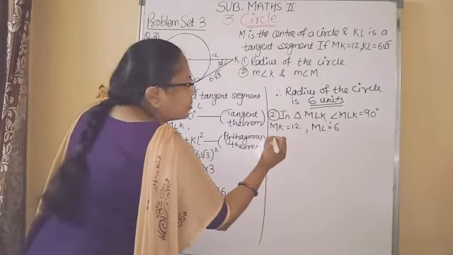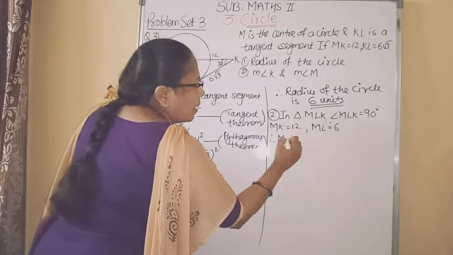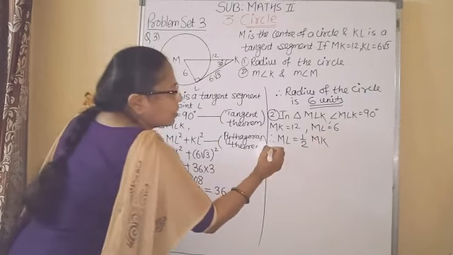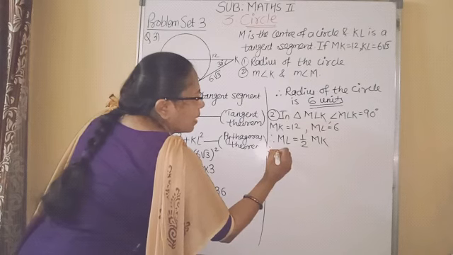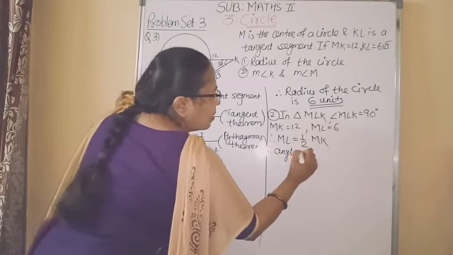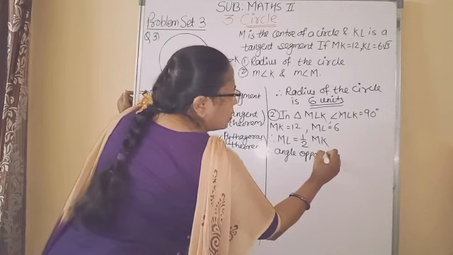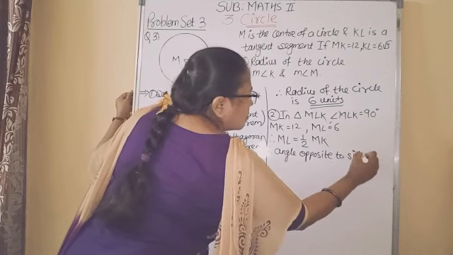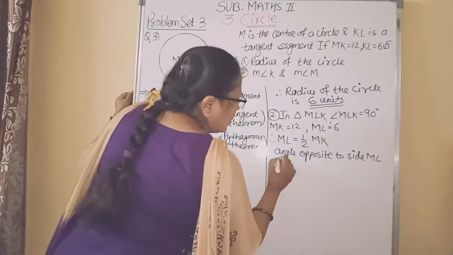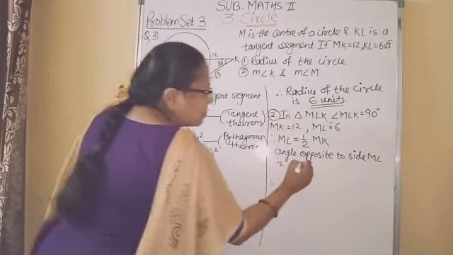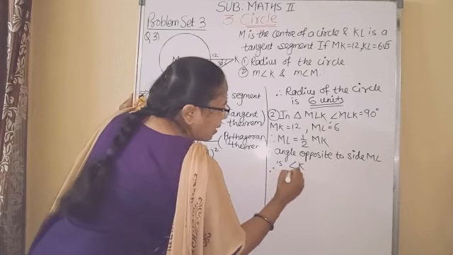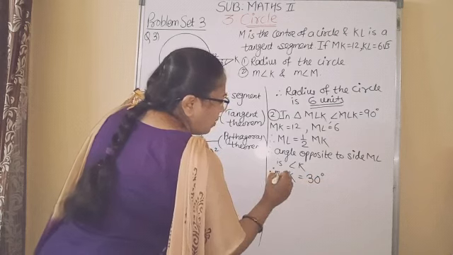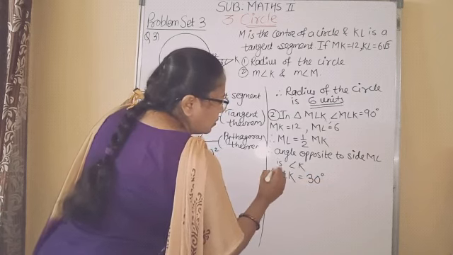So here we will write that. Therefore, ML is equal to half of MK. Therefore, angle opposite to side ML is angle K, and therefore angle K is equal to 30 degree. Measure of angle K is equal to 30 degree.